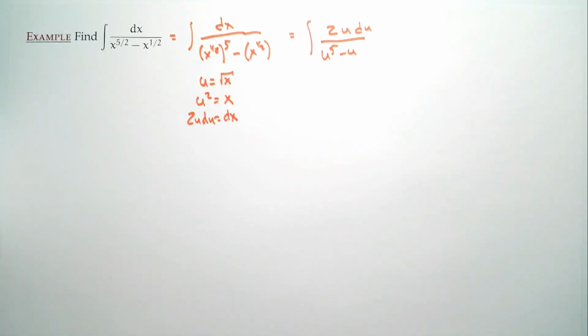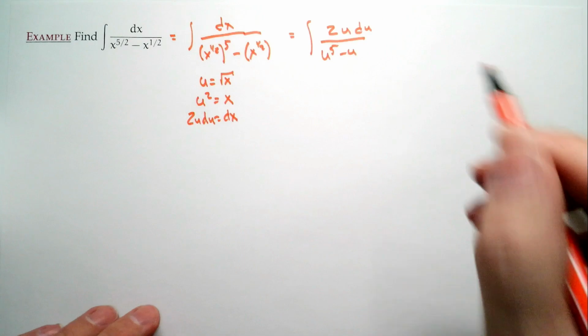All right. Now, what kind of problem do we have? Yeah, now it's really a partial fractions problem. It's a polynomial over a polynomial. Cool. So, we get to work.